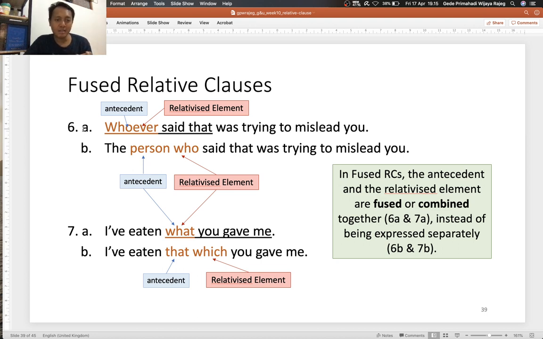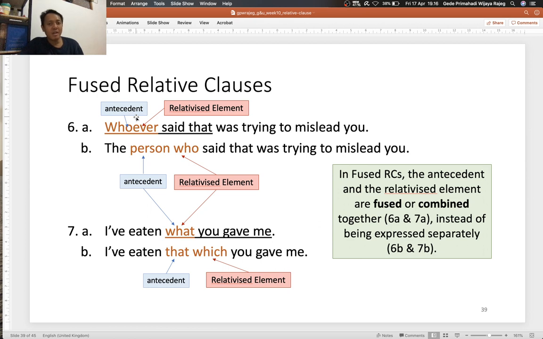The A sentences in 6 and 7 here exemplify fused relative clauses. In fused relative clauses, the antecedent and the relativized element are fused, so "what" and "whoever" here refer to both.